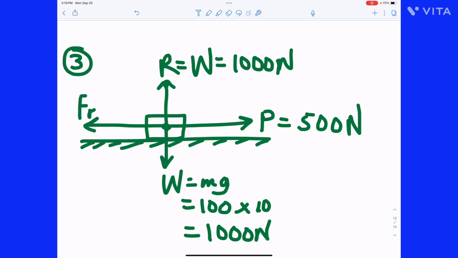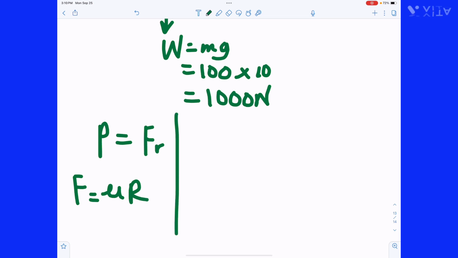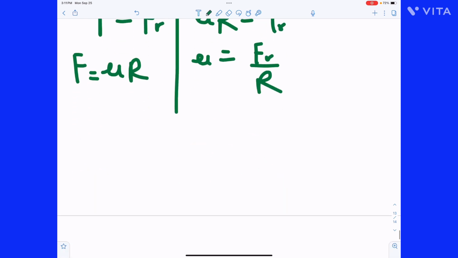That means the push is just equal to the frictional force. Frictional force is mu times R, so mu will be frictional force over R. We know the frictional force is 500 Newton.